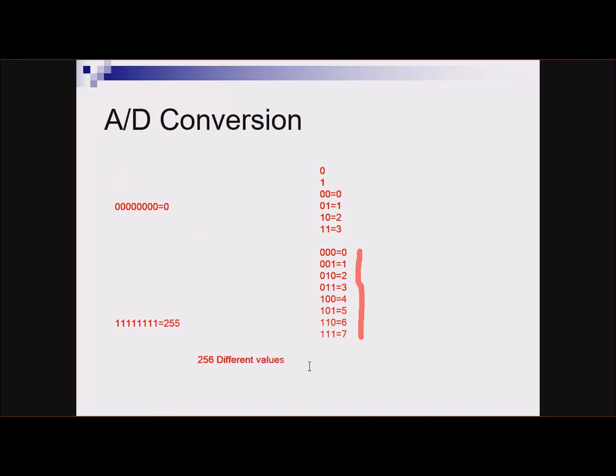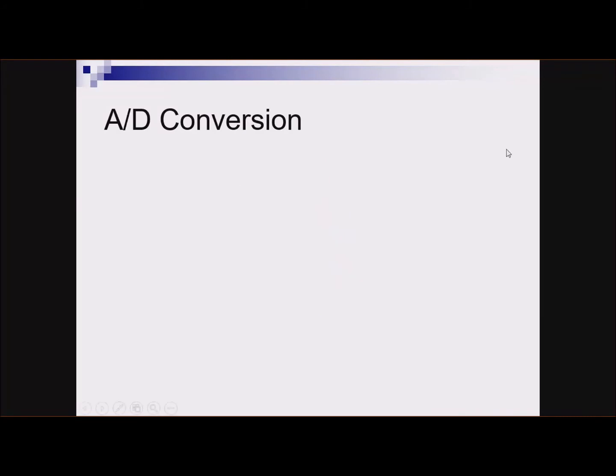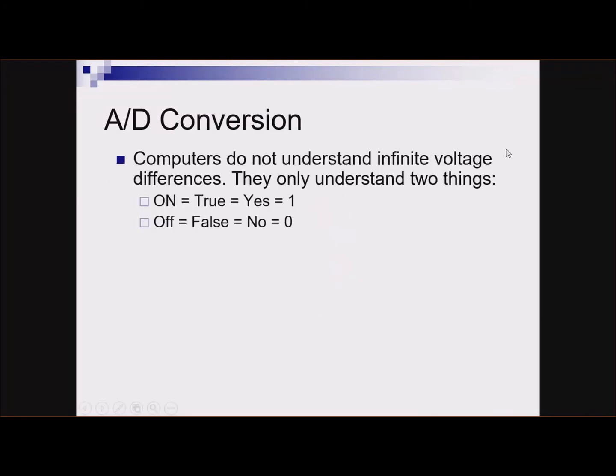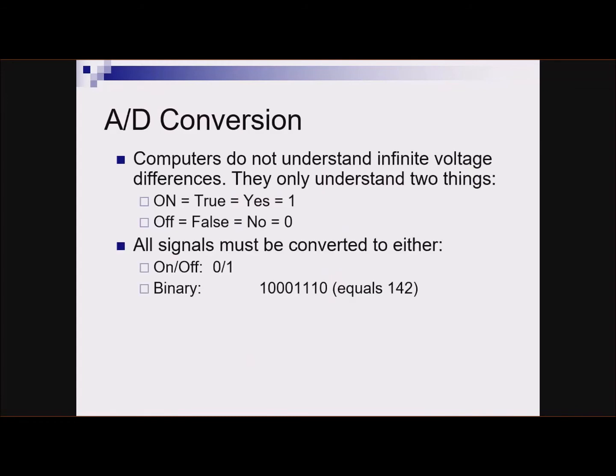And so what's going to happen is, as these voltage levels come in, we see it from 0 to 5 volts. The computer is going to see it somewhere between 8 zeros or 8 ones. Let's say the computer wants to store the number 142.